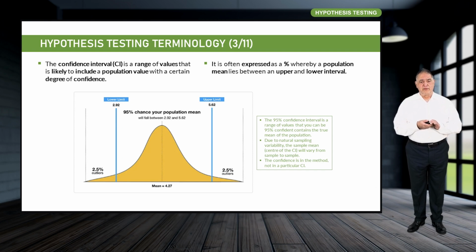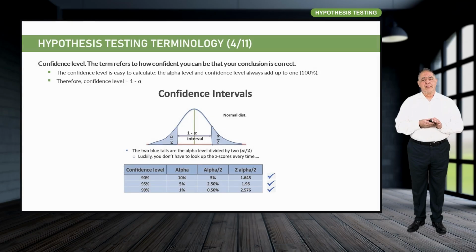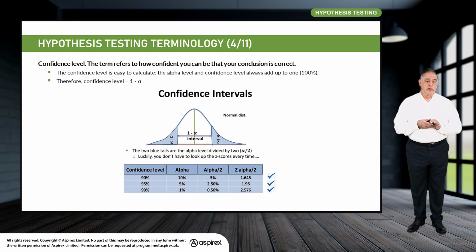And outside of these limits, this is where we typically do not expect the mean of our population to be falling. Confidence level, this term refers to how confident you can be about a conclusion regarding if it is correct or incorrect.